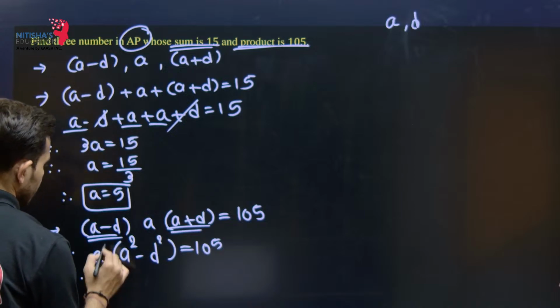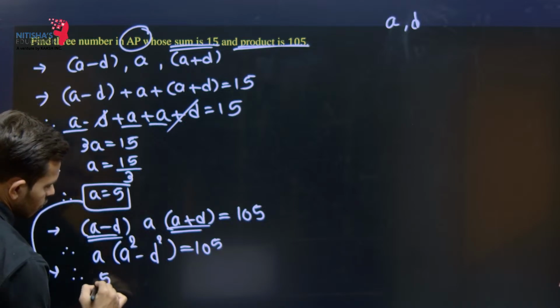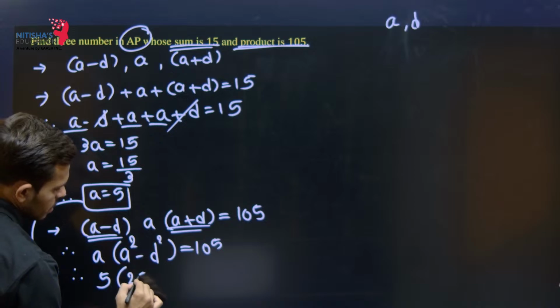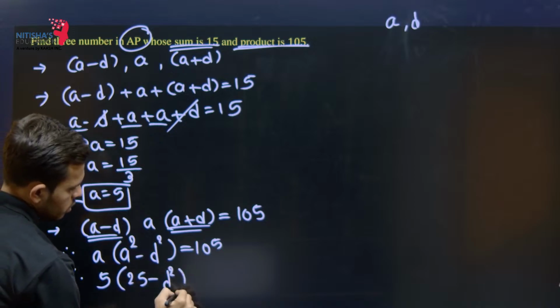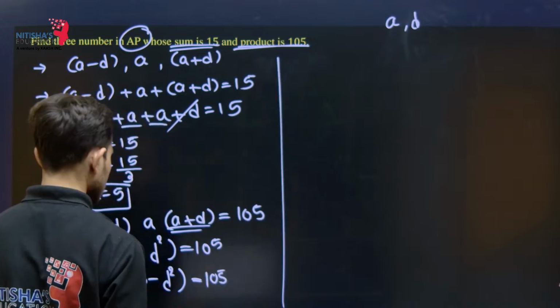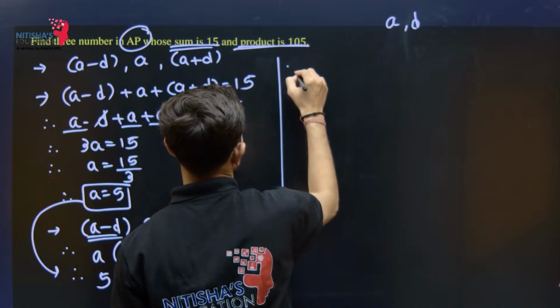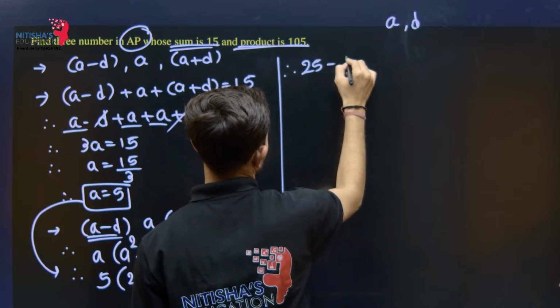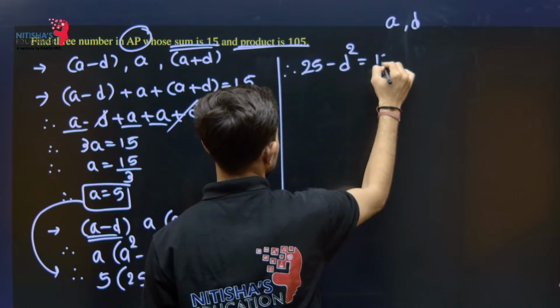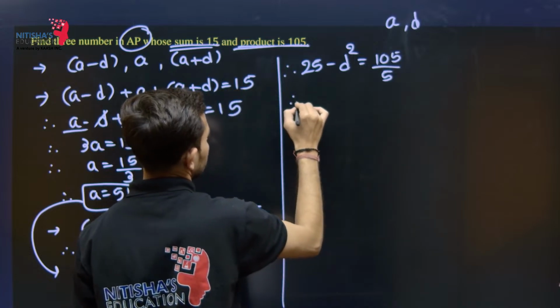Now, we have the value of A. Place the value of A, just put it over here. It will be 5. 5 times 25 minus D square is equal to 105. Okay. Now, transpose 5 to the right side. Then it will become 25 minus D square is equal to 105 upon 5.